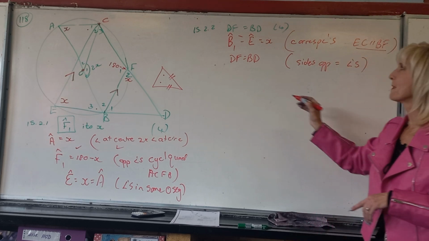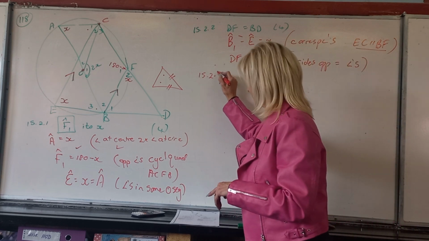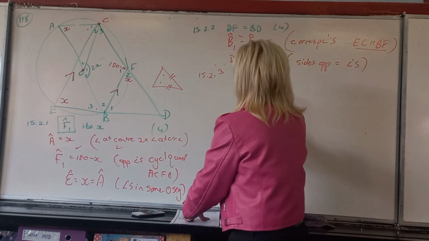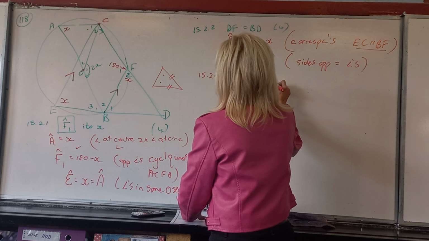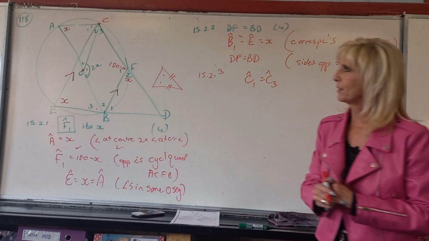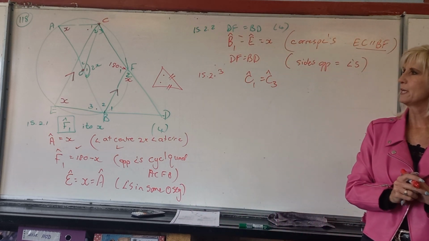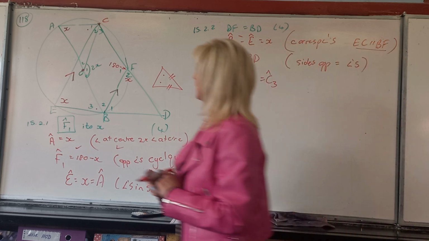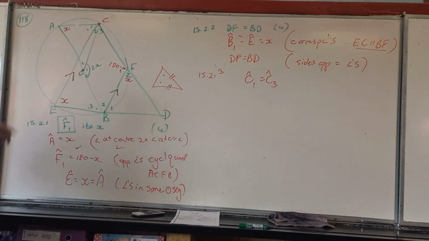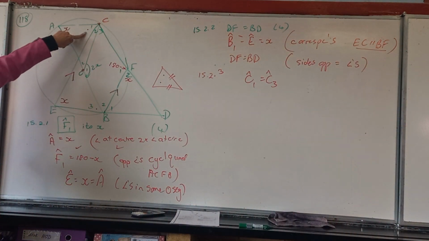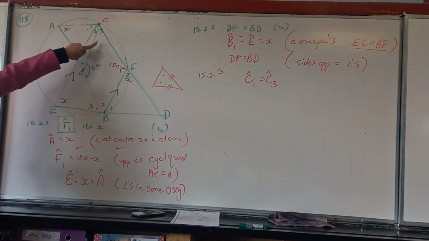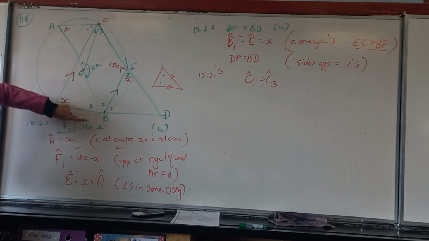Right, number 3, they ask, prove that C1 and C3 are equal to each other. And we're going to have enough time here. C1 and C3 must be equal to each other. Do I know either one of them? Prove that they are equal to each other. C1 must be equal to B3, okay?